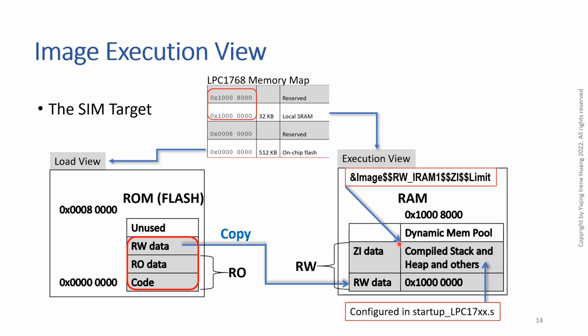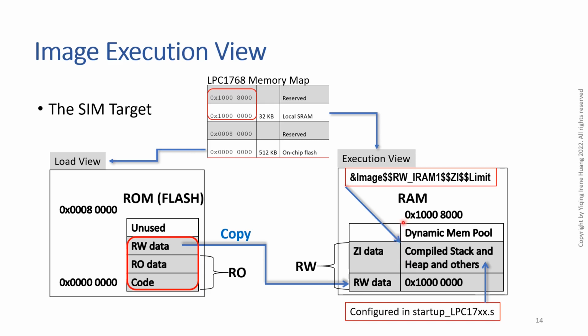So the question is, how do I know the end of ZI data? Well, there's a special symbol defined by the linker, called Image$$ something, this long name. The linker puts it at the end of the image. So if we get the address of this symbol, then we know the starting address of the free space.